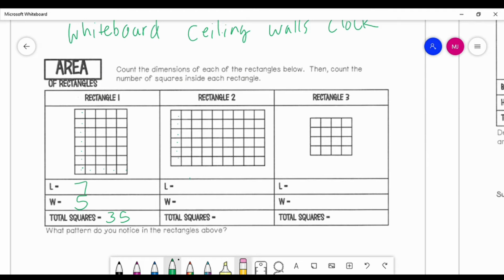Length rectangle 2, width 6. So how many squares? 54. Length 4, width 4. Total squares 16. So what pattern do we notice? We can multiply the length times the width.